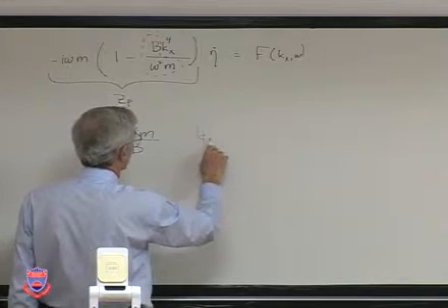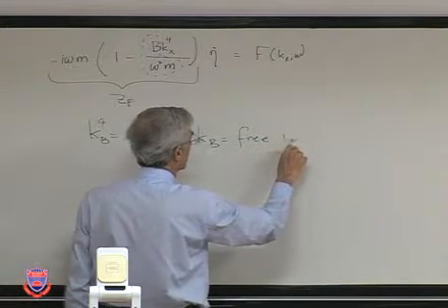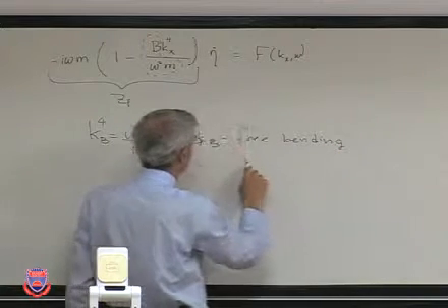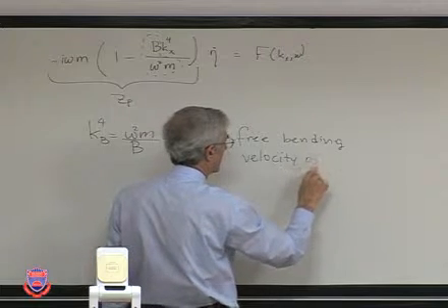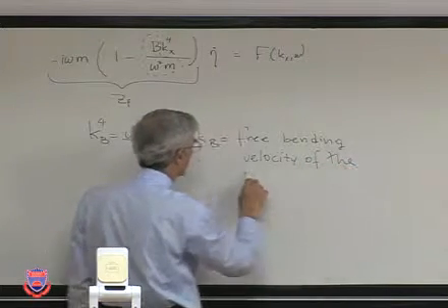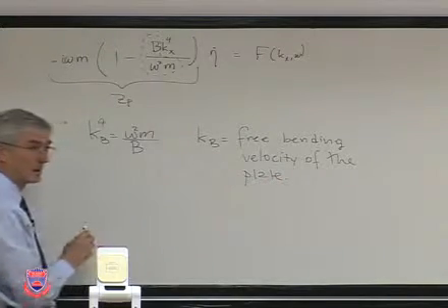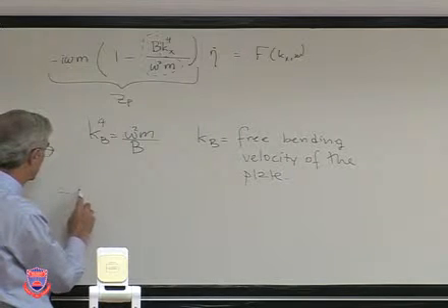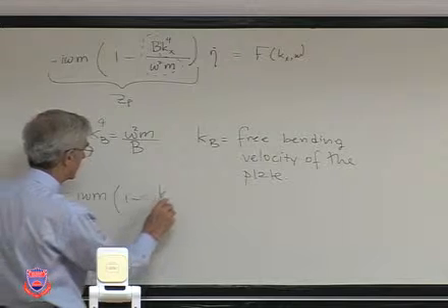Okay, where K sub B is the free bending wave number of the plate. Then we can express impedance even a little simpler.